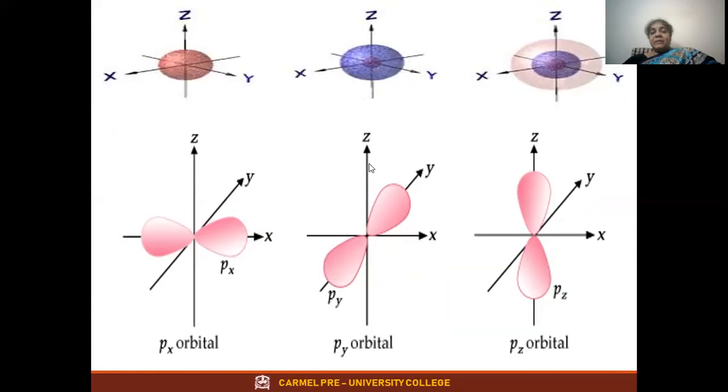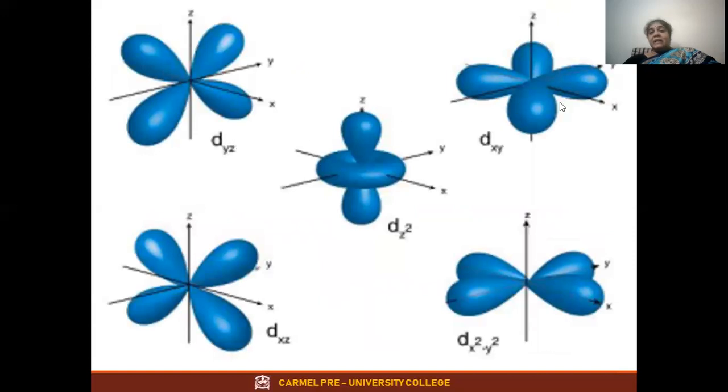If you see p orbital, you can see the orbital along the axis. It's on the axis, whereas d orbital is planar. This is the axis you have, but you can see the dumbbell here. We call this a double dumbbell. 2 dumbbells are there, and the dumbbell is placed between the axes. So that's why it is planar.